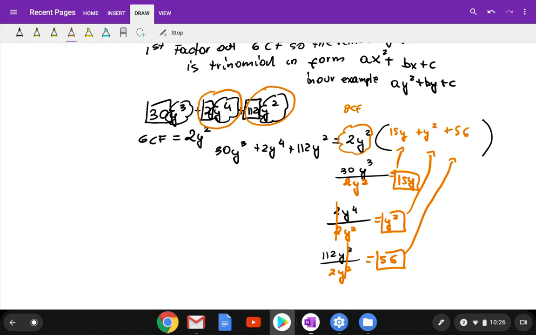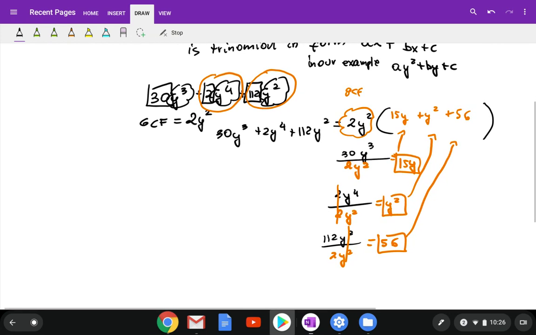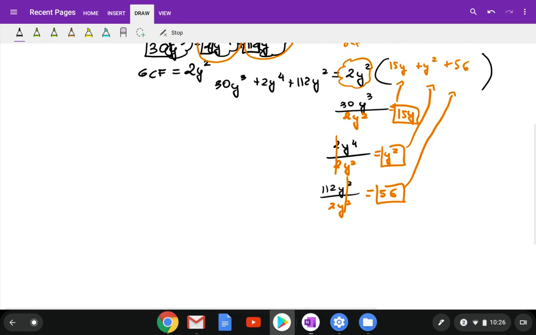So we did that. Let's rewrite our polynomial. 30y to the third power plus 2y to the fourth plus 112y squared is the same as 2y squared times, and I'm rearranging the parenthesis from the highest exponent to the lowest, y squared plus 15y plus 56.